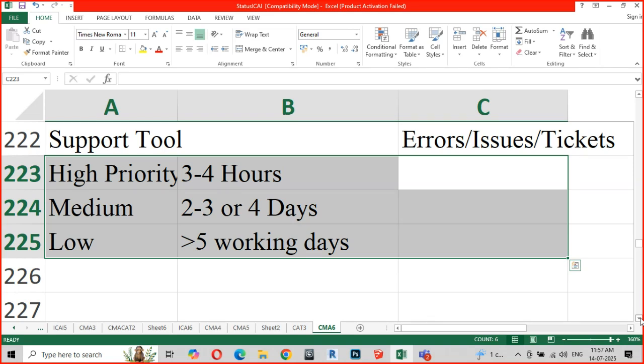How do I know that he has got an error in the US? He raises an information or he raises a ticket.